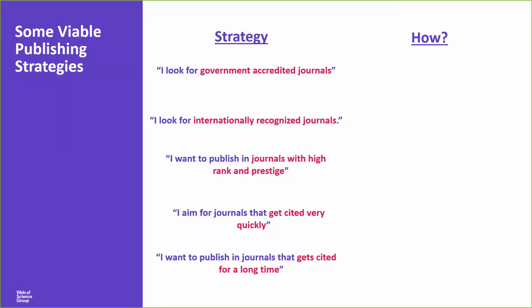Okay? So these strategies will apply in different stages, and as a new early career researcher or new PhD student, I would recommend looking for government accredited journals first. Why? Because these are domestically recognized, nationally recognized journals that are accredited by MOE.